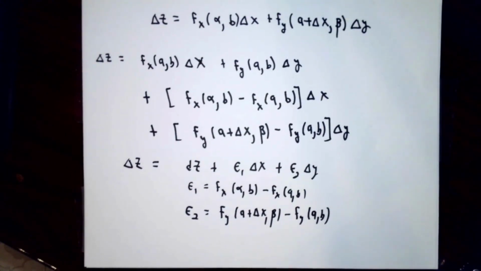Likewise, as delta x and delta y tend to 0, a plus delta x tends to a, and beta, which is between b and b plus delta y, must approach b. If the partial derivative with respect to y is continuous, the limit of this quantity is the partial of f with respect to y at ab, which is what I'm subtracting away.